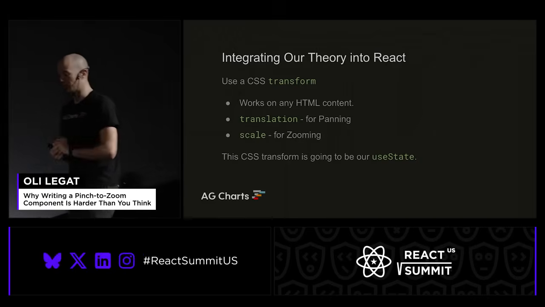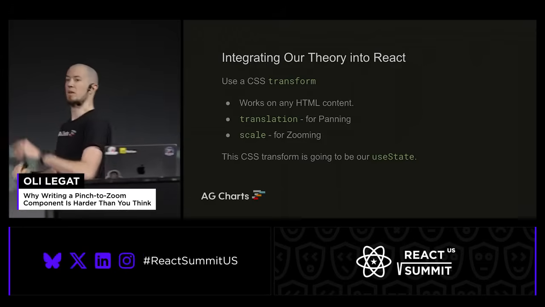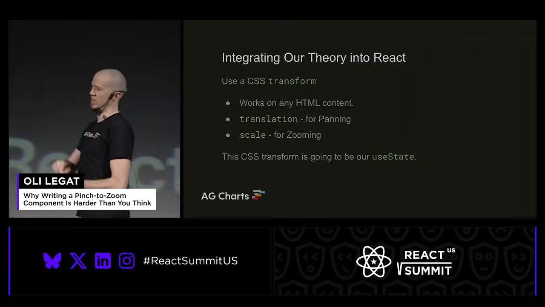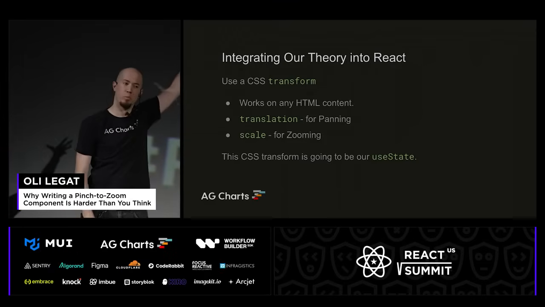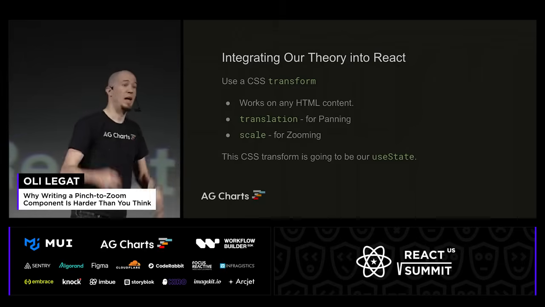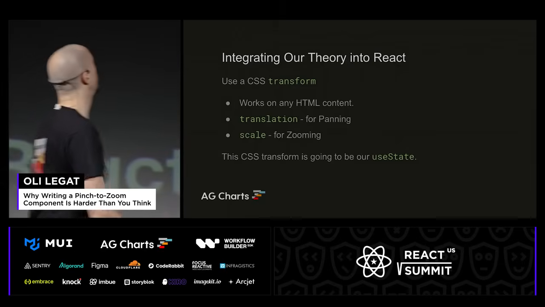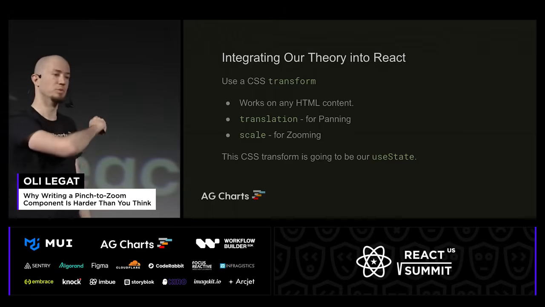It has two components that we care about. It has a translation. We can use that for adjusting the panning, and it has a scale. We can use that to adjust the zooming. And obviously, those values come with the X and Y component to it. And so this CSS Transform, that's going to be our useState for our component.